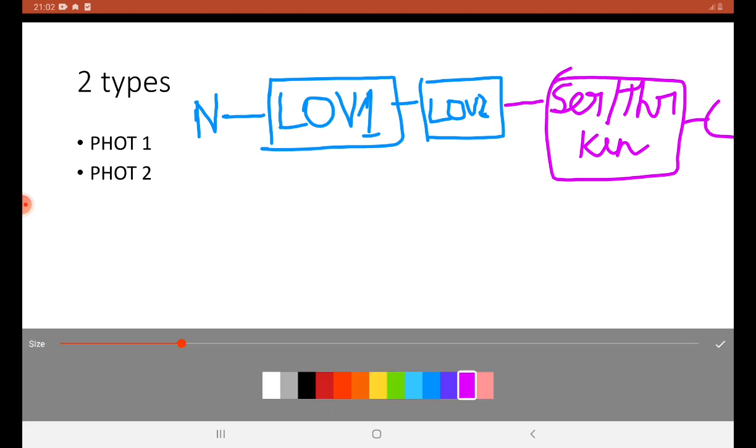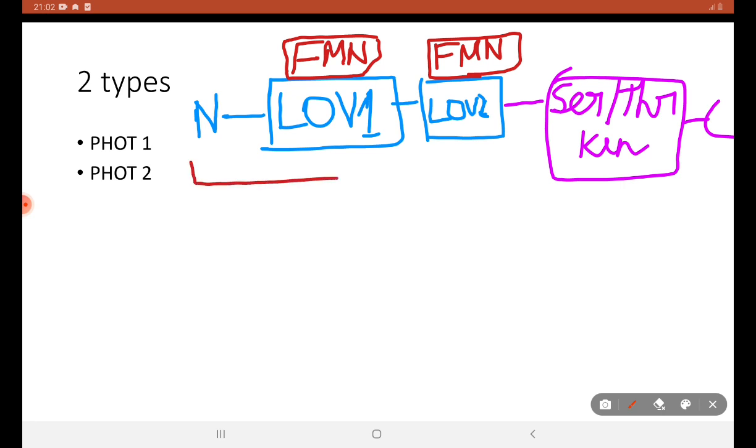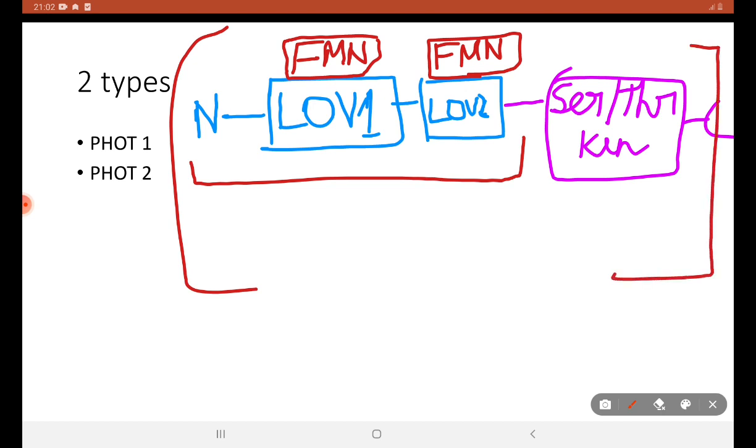We have attachments like FMN in the N-terminal end of both LOV1 and LOV2. This occurs in the photosensory domain. This is the basic structure of phototropin.